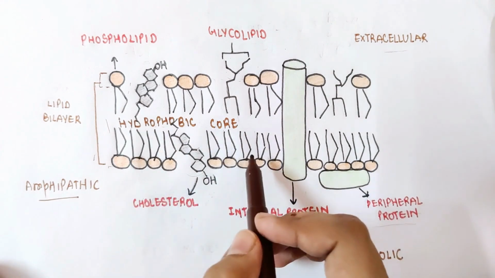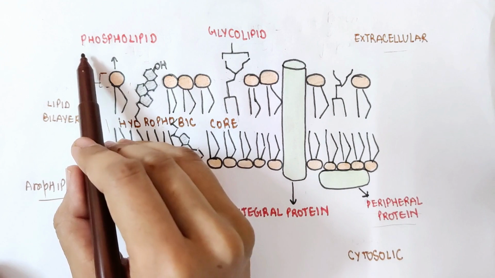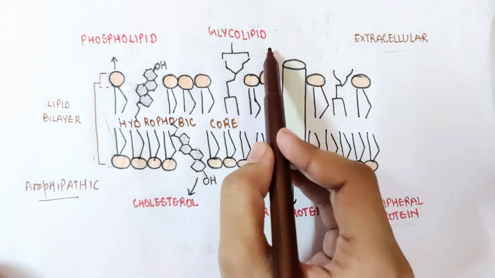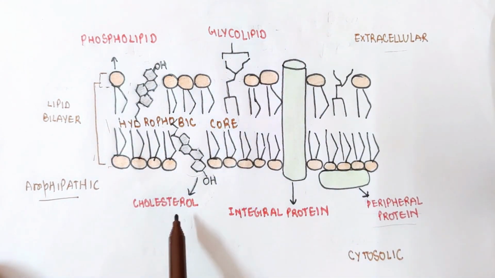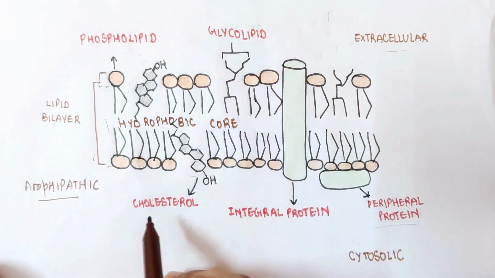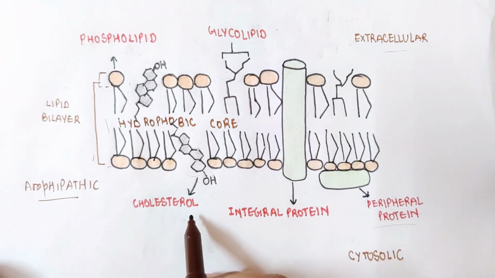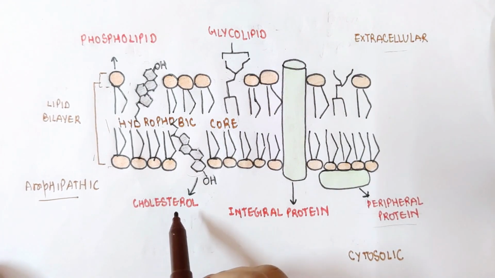Here you can also see some different structures like phospholipid, glycolipid and cholesterol. These are majorly the three classes of lipid molecules which we need to discuss in this lecture.